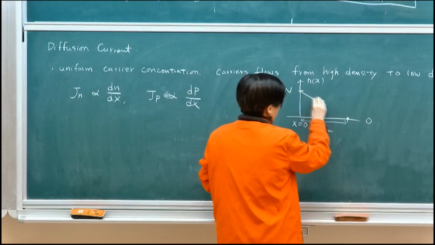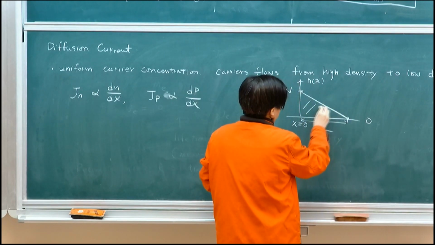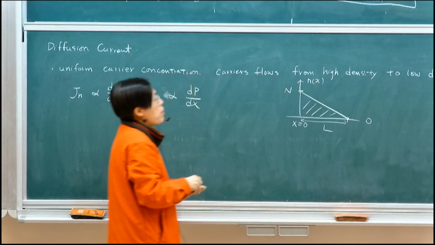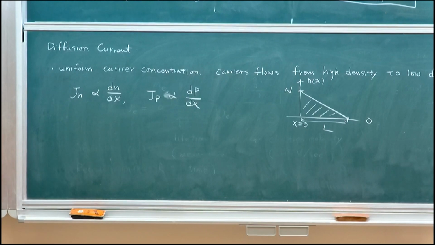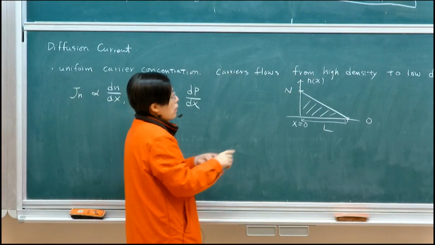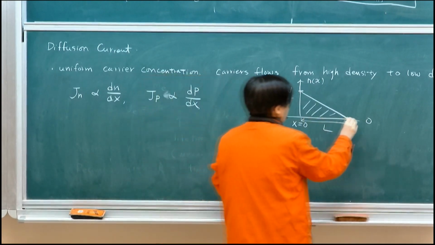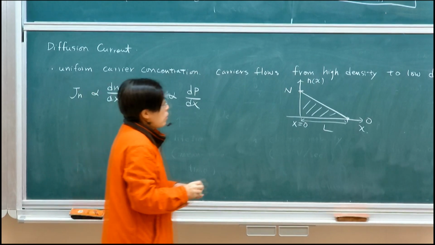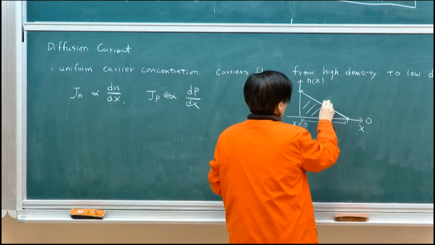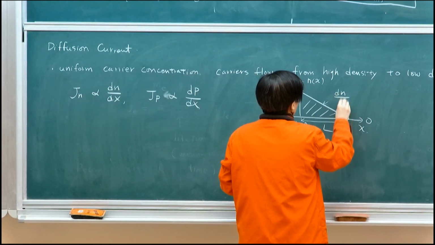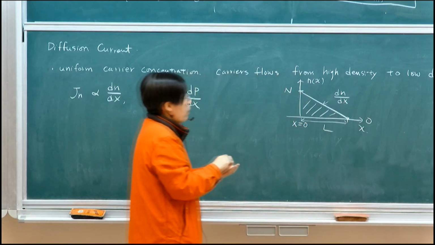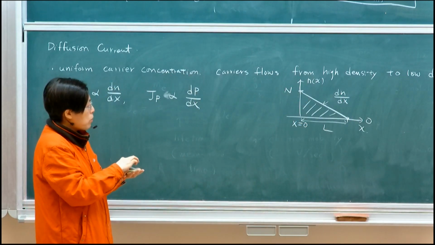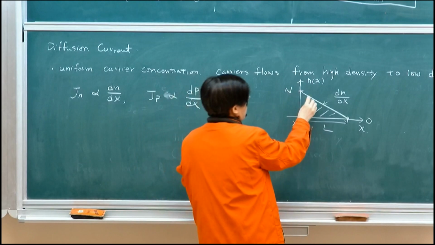So then I have a gradient like this. This describes the profile or distribution of n electrons along a direction x. That gives us a gradient of dn/dx. So dn/dx will push the electrons from high density to low.